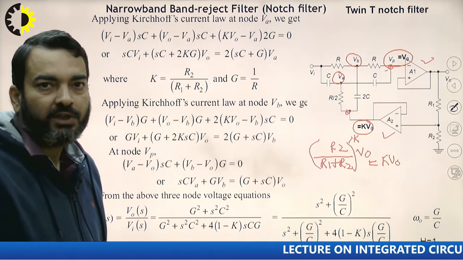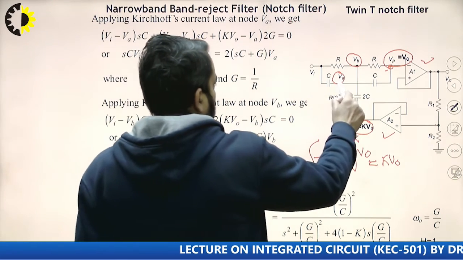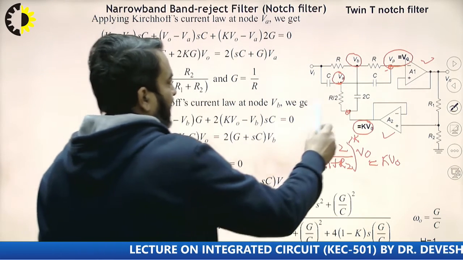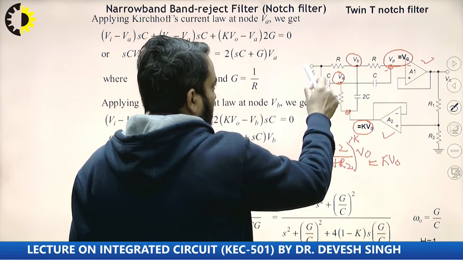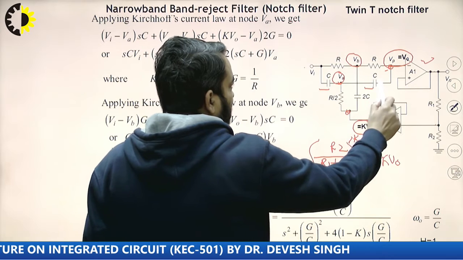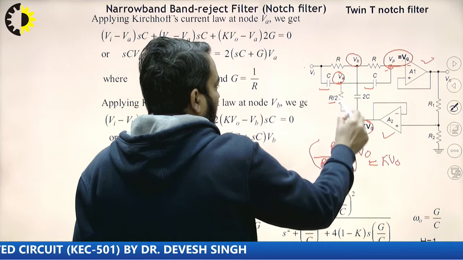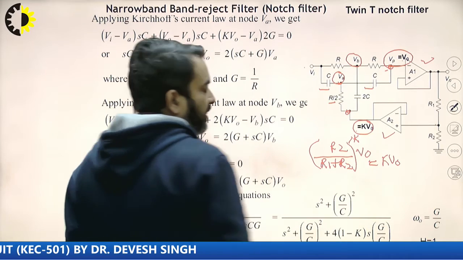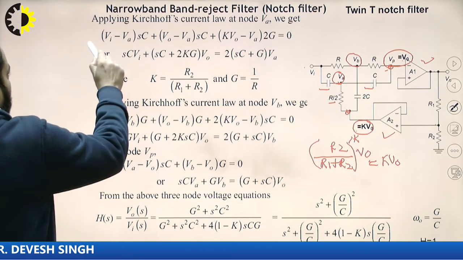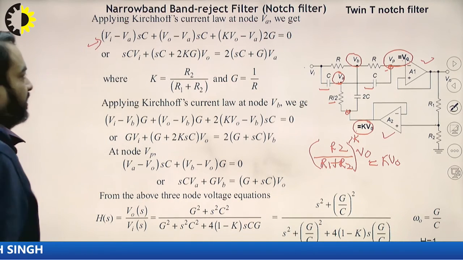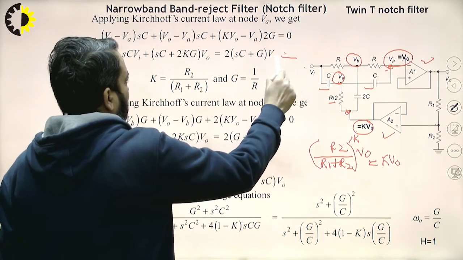If we apply KCL at node A, we have three components connected with node A: this capacitor through Vi, this capacitor through V0, and this resistor of value R by 2 through voltage kV0. So this is the KCL equation. Solving this, we will get this.